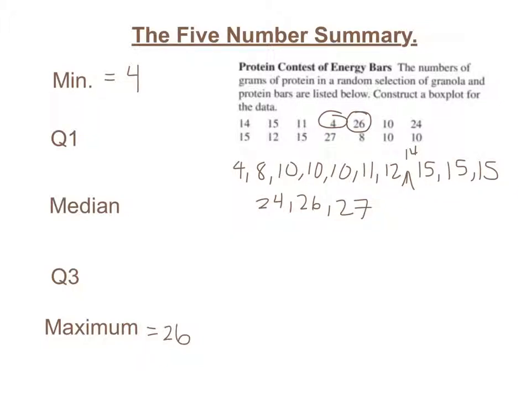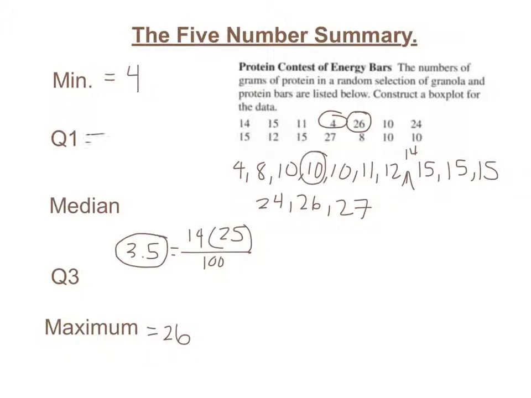Now let's find Q1, which is 25 times 14 over 100. So for Q1, we end up with 3.5, which is our position. It's not the actual Q1. We round up because 3.5 is not a whole number. So we go to 4.